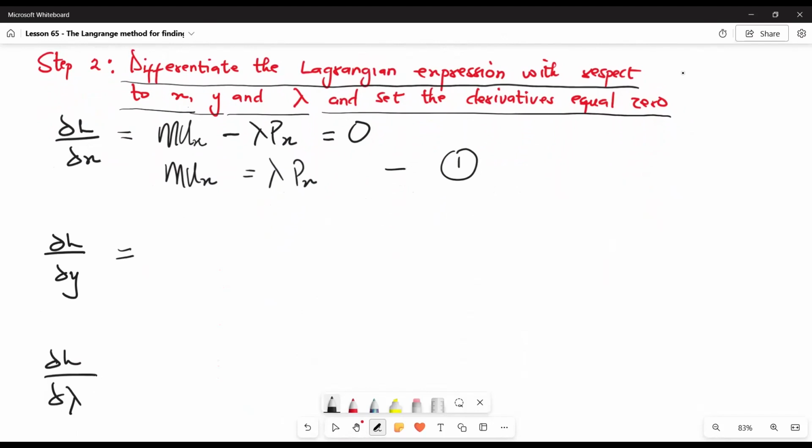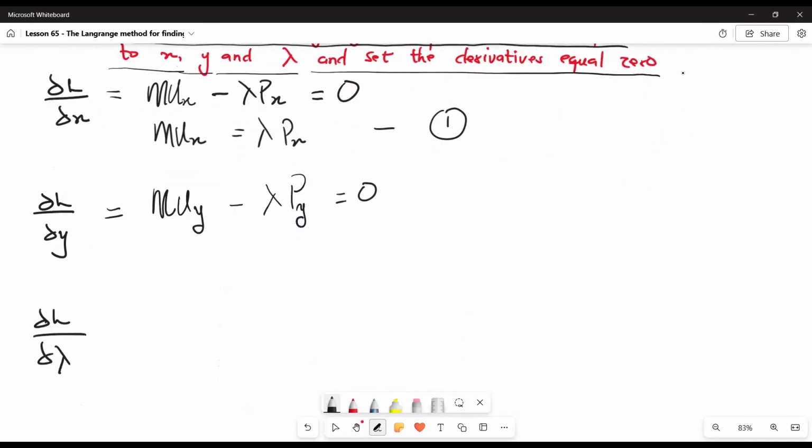Similarly, just like we had for x, we're going to have marginal utility of good y minus lambda py equal to 0. Now, this can be rewritten as marginal utility of y being equal to lambda py. Let's call this equation 2.